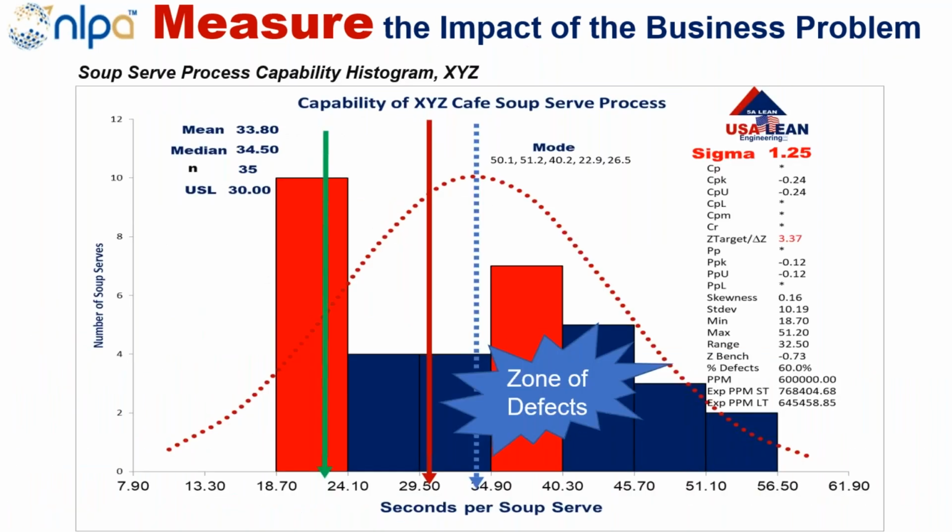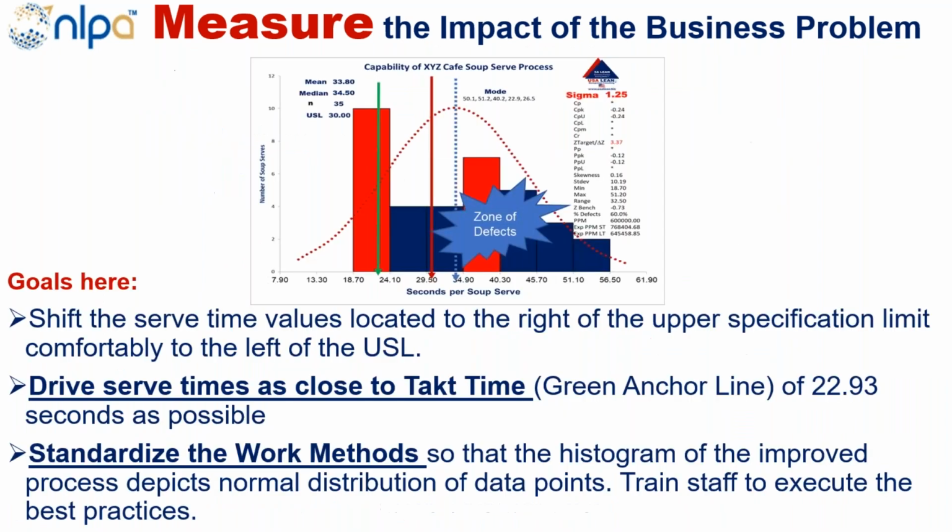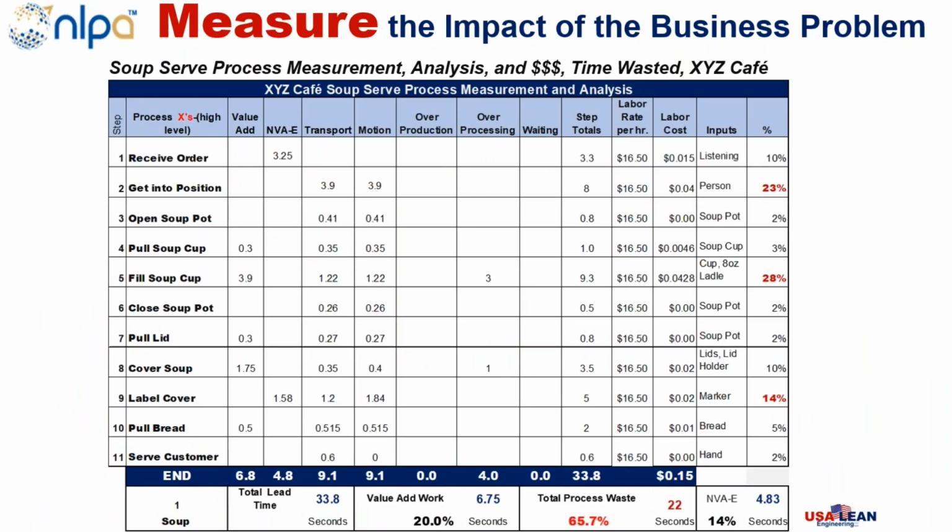Utilization of histograms to really analyze defects. And in another methodology here, this is a hybrid COPQ chart with time studies, and I was able to cost out this process.